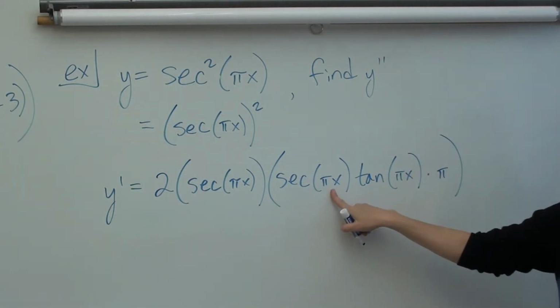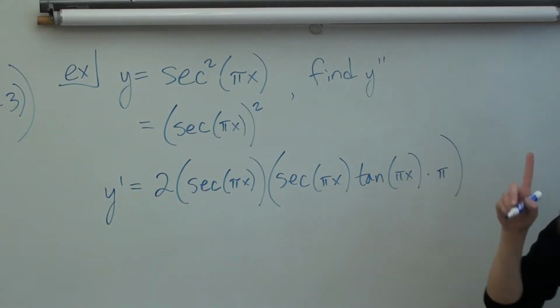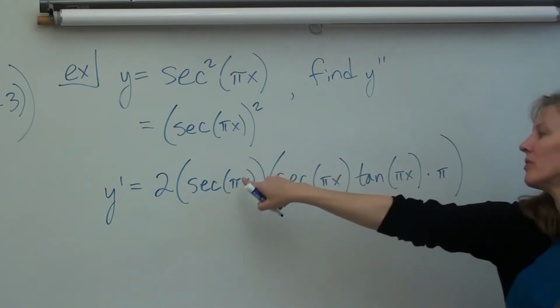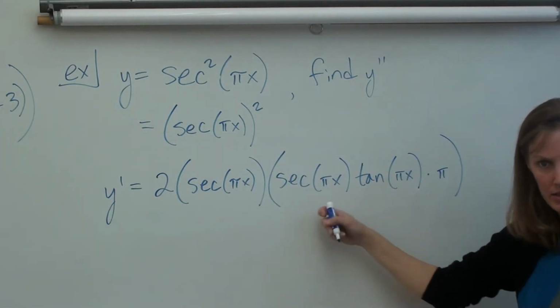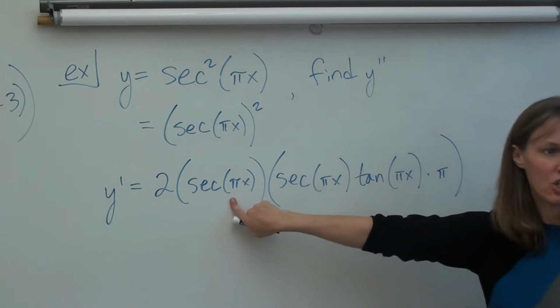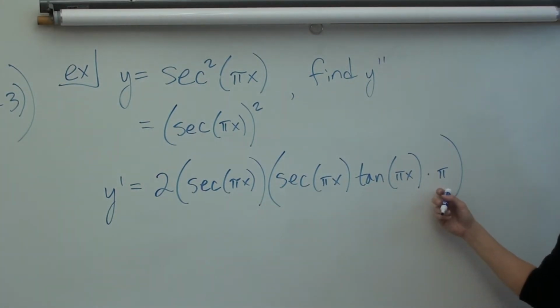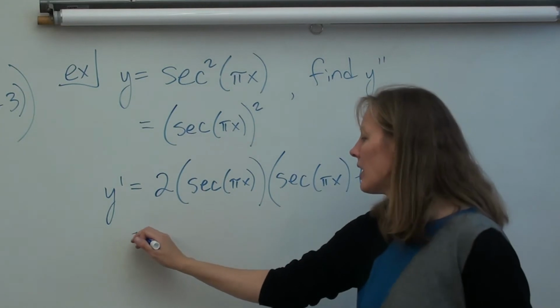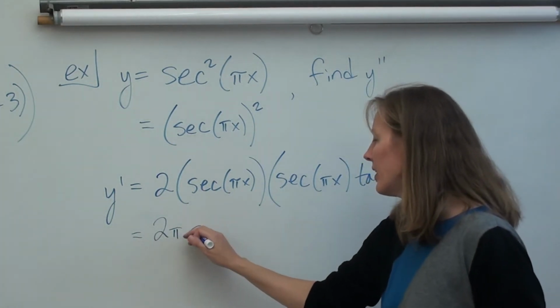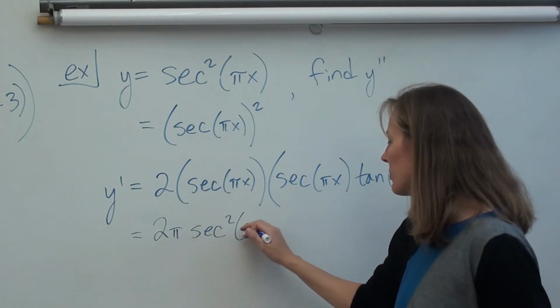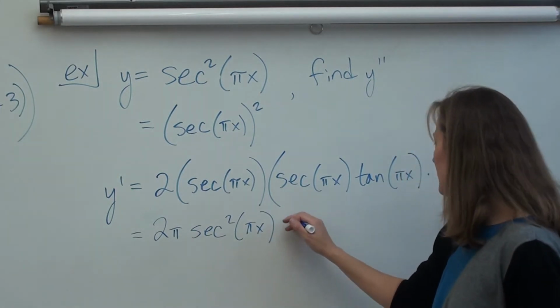Now you only multiply by the derivative of the argument once, because you're really doing it times the derivative of this argument, not these. This is what we're differentiating, so it's just one time that you do the times pi. You understand that? Did everyone get this? Okay. So if we clean it up, we get 2 pi secant squared pi x tan pi x.